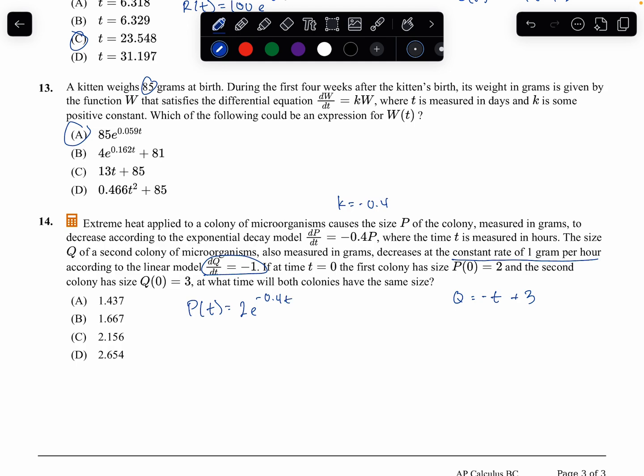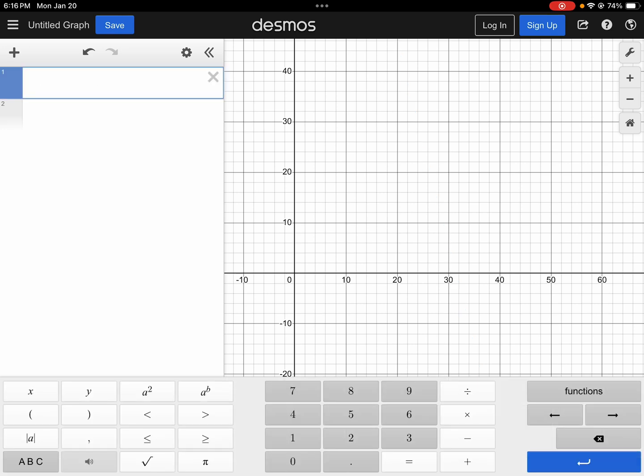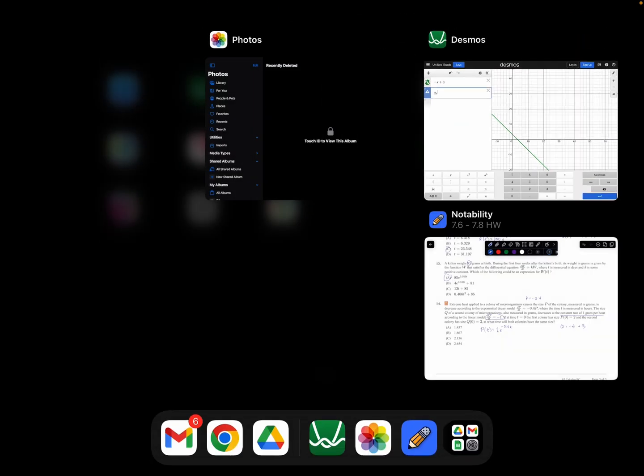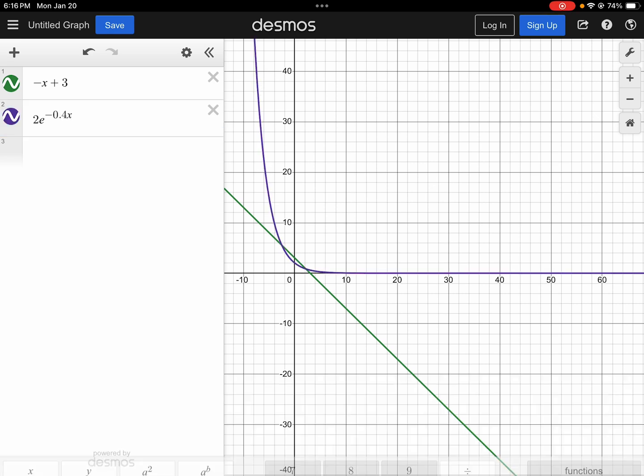So that's what we're going to graph. So that's going to be negative x plus 3, and then it was like 2e raised to the, I don't want to mess up like last time, negative 0.4x.